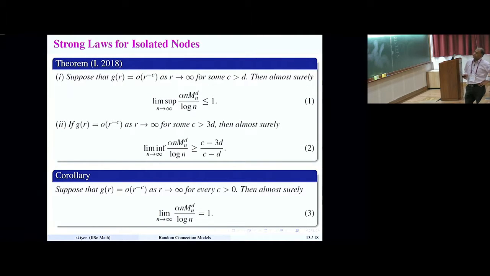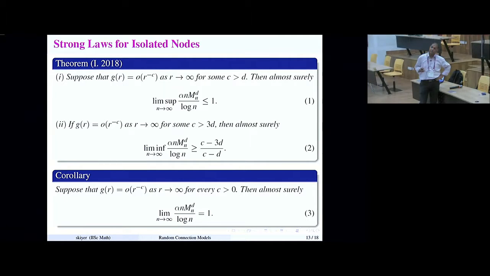If the connection function decays in this fashion for some C greater than d, then what one can show is that the lim sup of this largest nearest neighbor distance behaves like log n over alpha n. For the lower bound, one needs a slightly stronger condition, and it's not clear how to get rid of this.